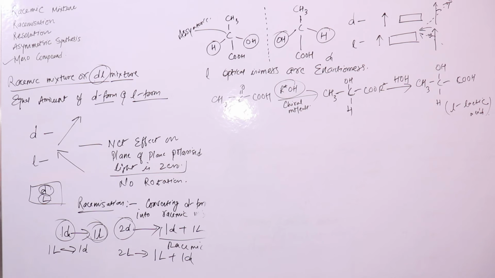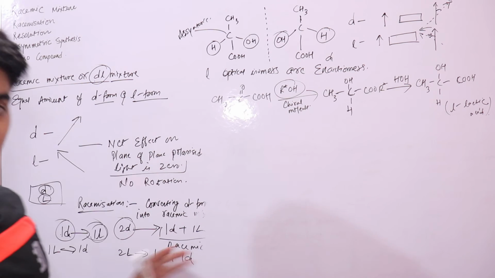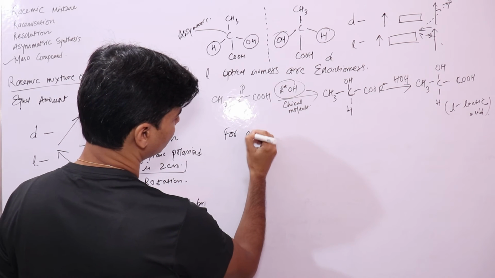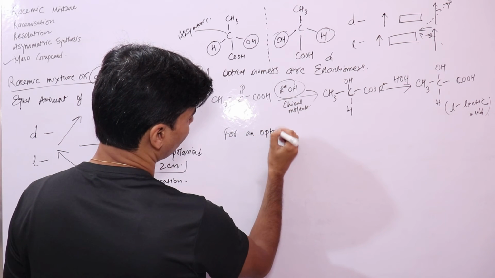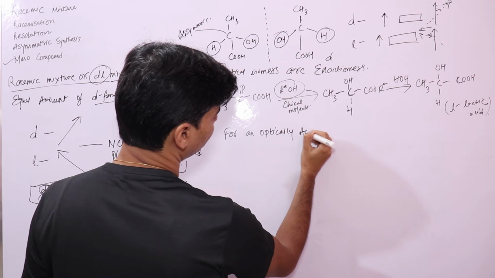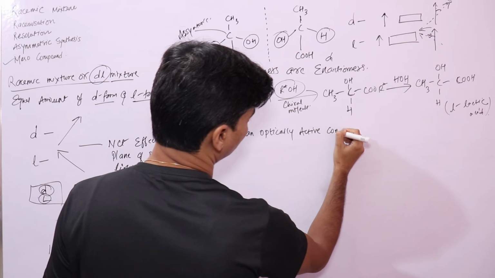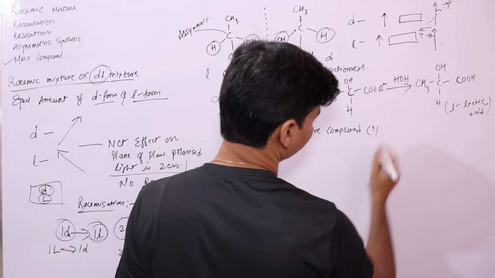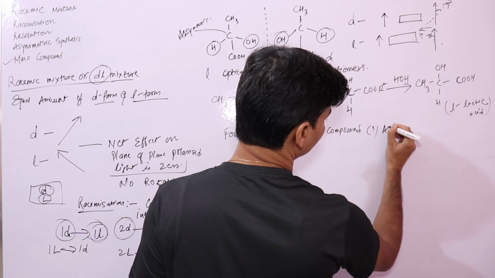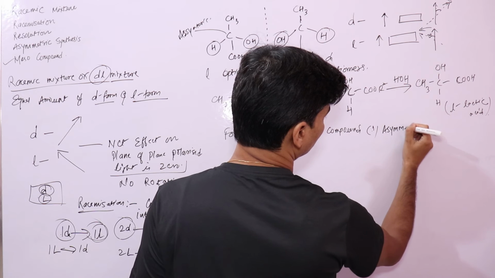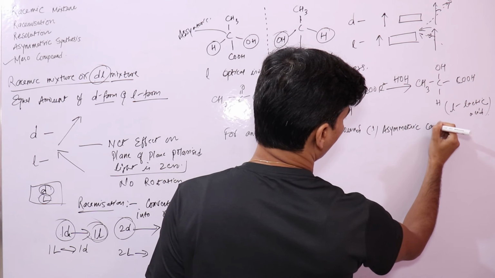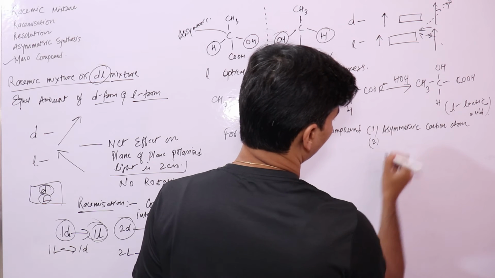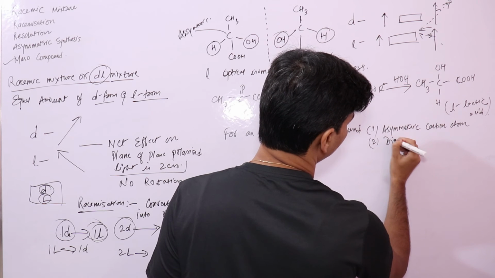And the second thing is the molecule should be disymmetric. 2 things, right. For an optically active compound, conditions are, first, asymmetric carbon atom, second is disymmetric molecule.